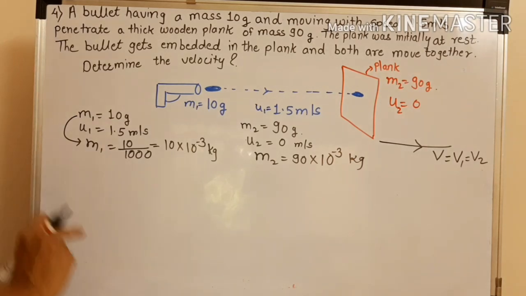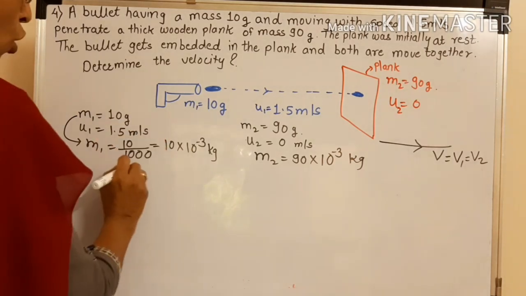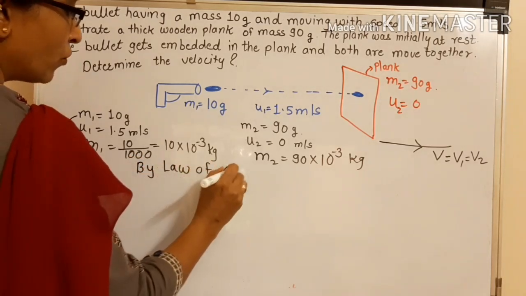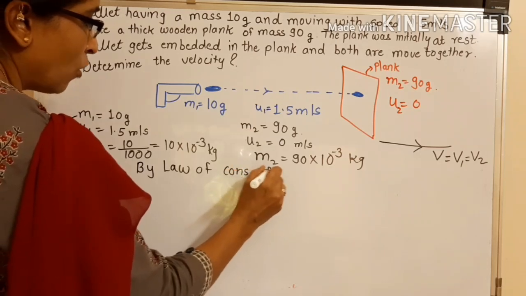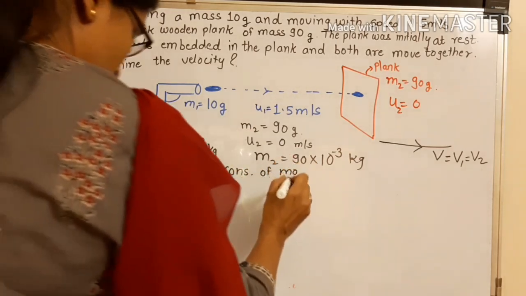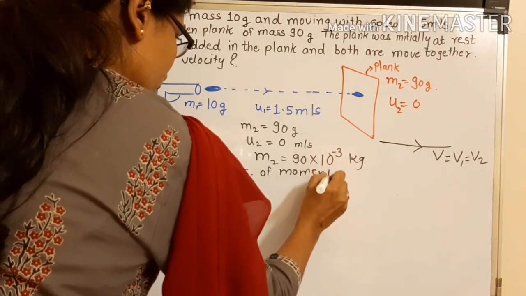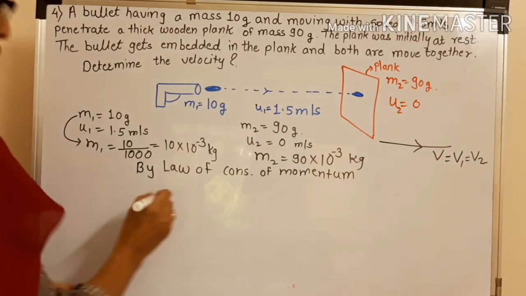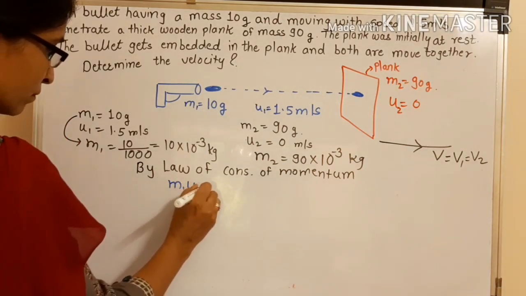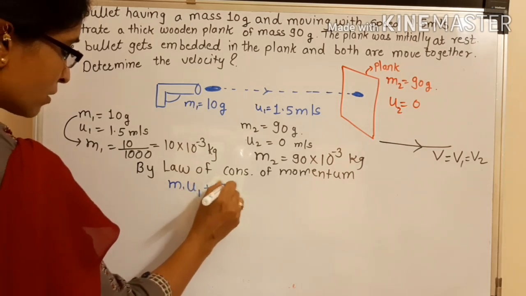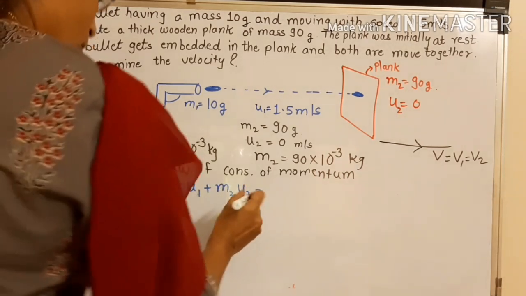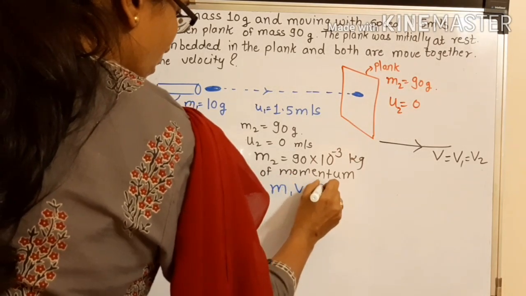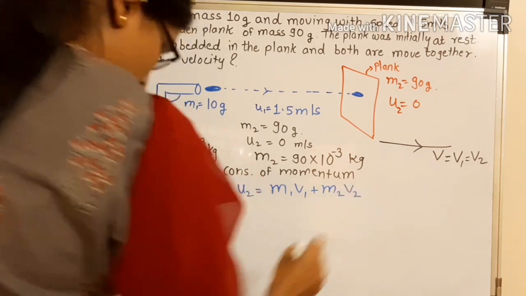Now, by the law of conservation of momentum, M1 U1 plus M2 U2 is equal to M1 V1 plus M2 V2.